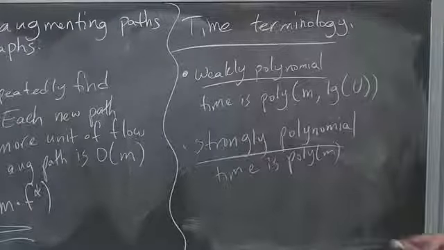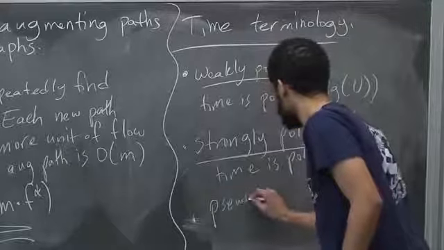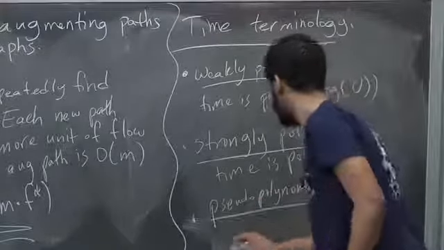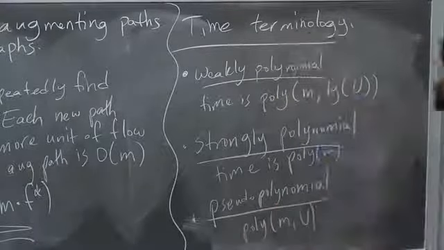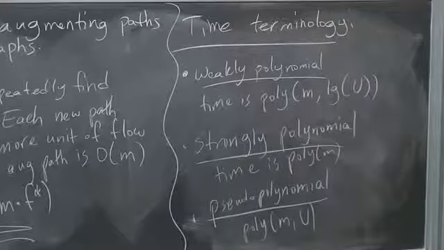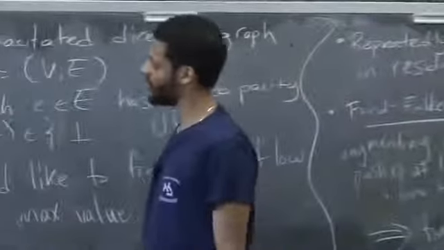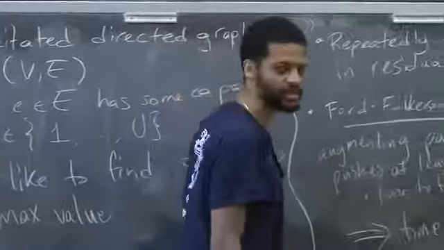And the last thing, which is worse than these two, is pseudo-polynomial, which is poly in m and U. So Ford-Fulkerson is pseudo-polynomial. Today we're going to see some strongly polynomial algorithm, and we're also going to see a weakly polynomial algorithm. Okay. Questions about anything?